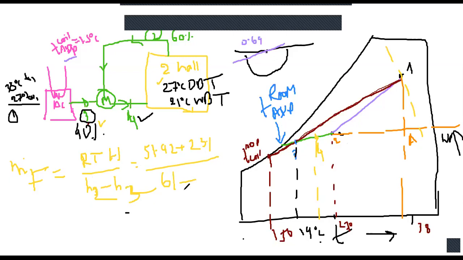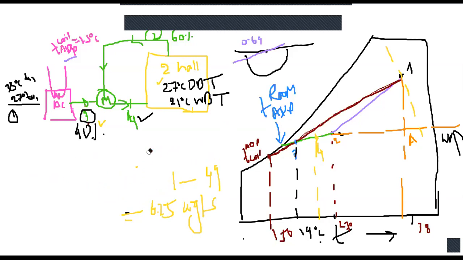H2 is 61 minus H3 is 49, we get from the psychrometric chart. What is the mass flow rate? It is 6.25 kg per second. Now this is our third point.